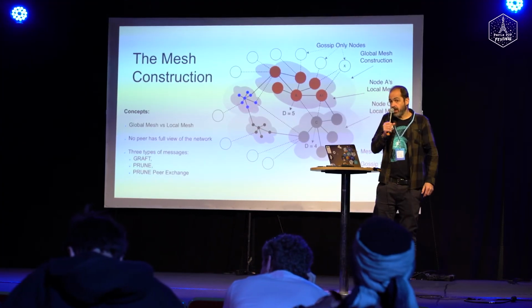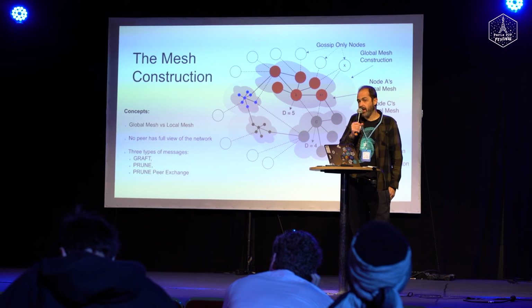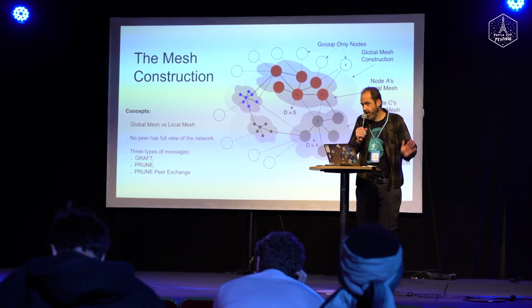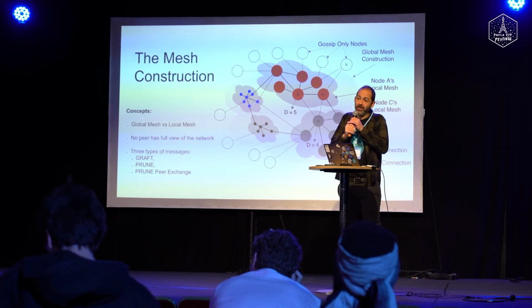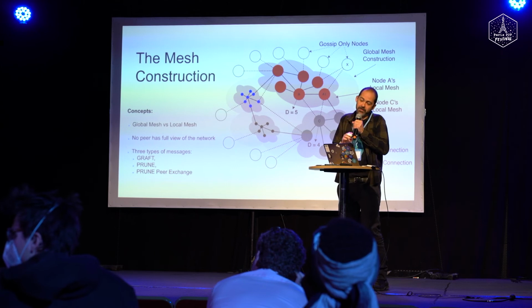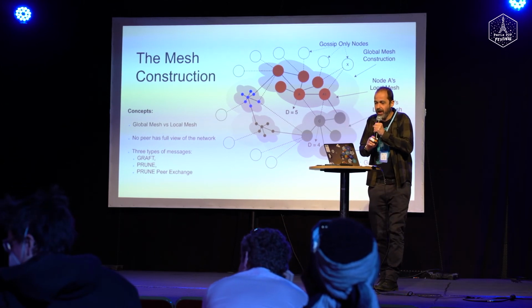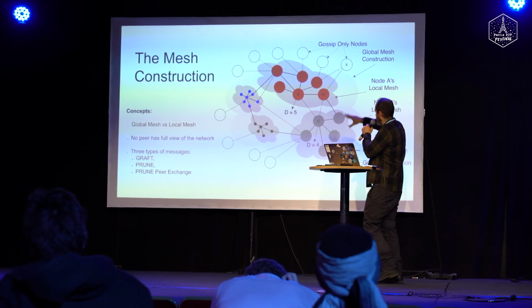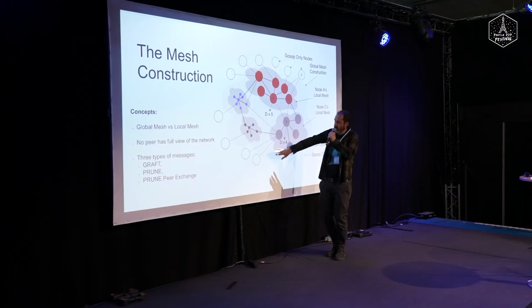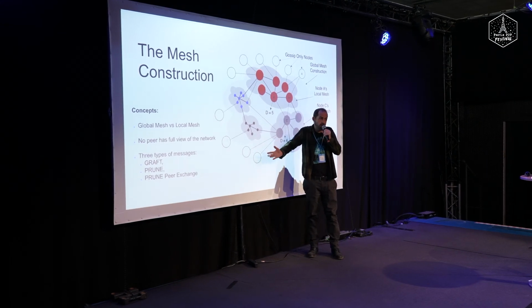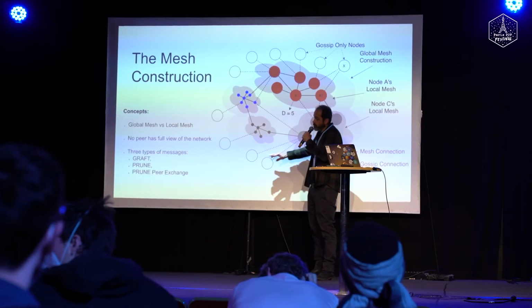Yeah, so that's the intention. We don't have a clear visibility in the network, and hopefully there hasn't been any attack in the Filecoin network, or if there has been, it was mitigated without us even noticing, so that would be great news. So this is the purpose of this diagram here. Those nodes that are kind of gossip only would be the bad nodes, the attacker nodes, that progressively everyone else will disconnect from.